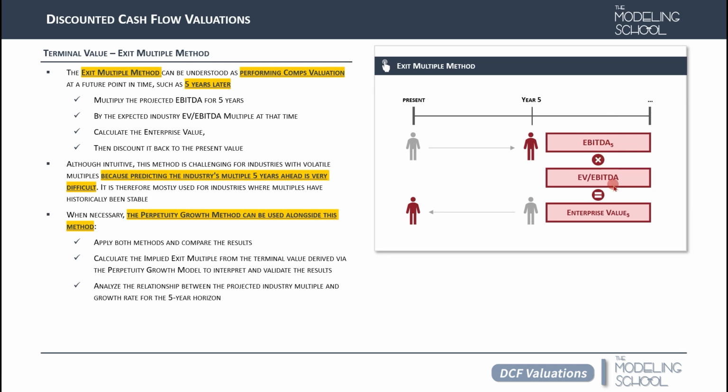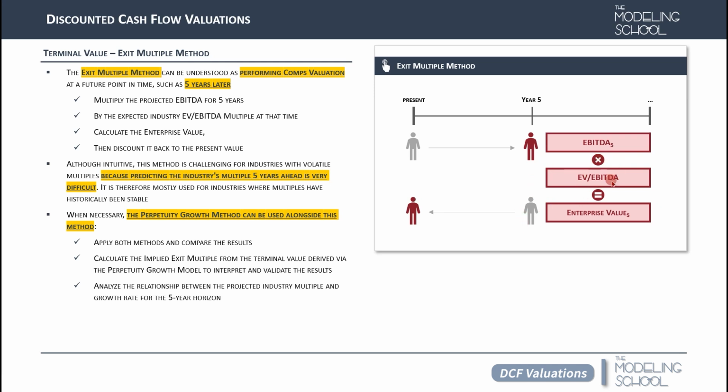The only mission is to assume an appropriate number for the multiple. But this is very tricky. I mean, it's even tricky to come up with an assumption in the present, as we've experienced. But it's even trickier to estimate what it will look like in year 5.